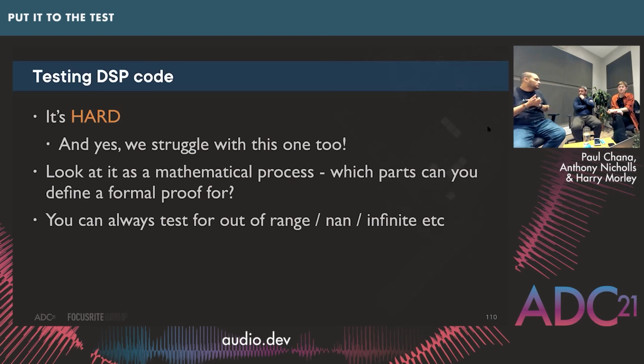You can always test for out of range values, NaNs, infinites, stuff like that. If there is a specific reference you've used, one thing we've done in the past is add a comment with a link to say, here's where we got the reference for how we're determining this particular algorithm.